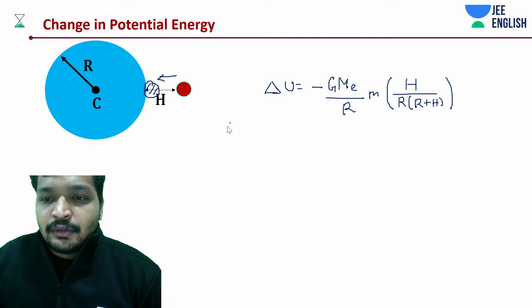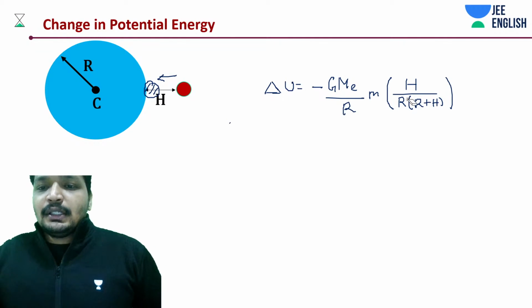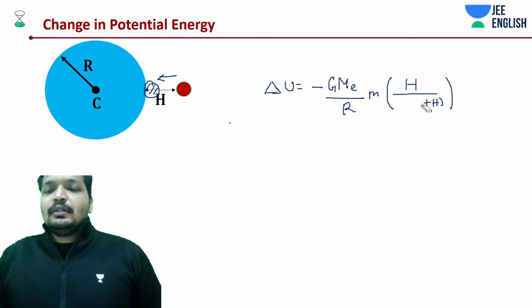Now why did we write down this r again? This r is not present. It's basically r divided by r.